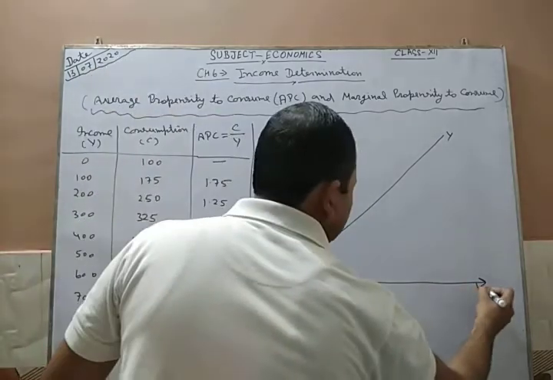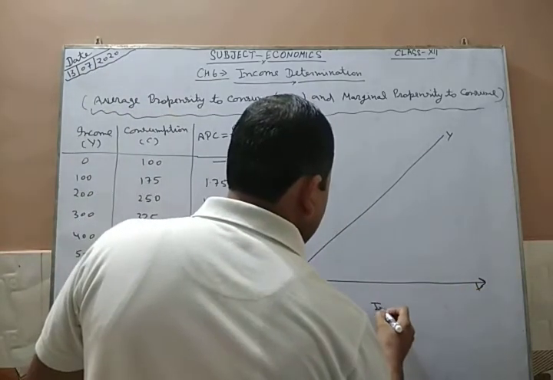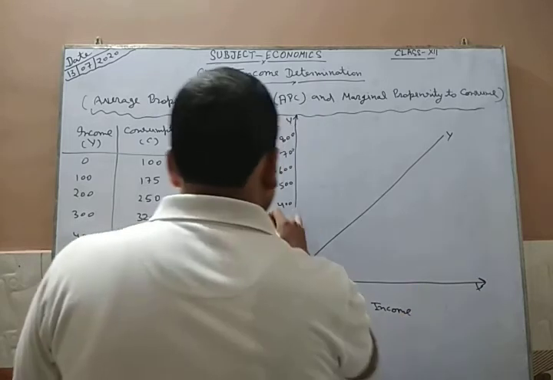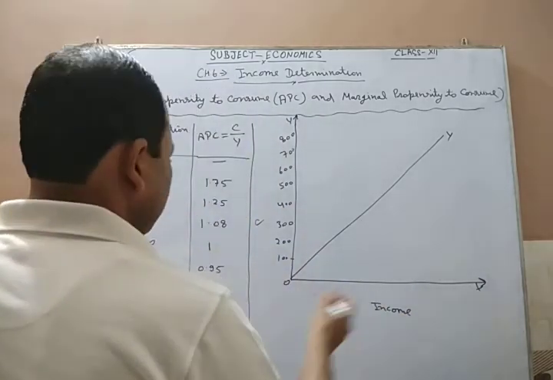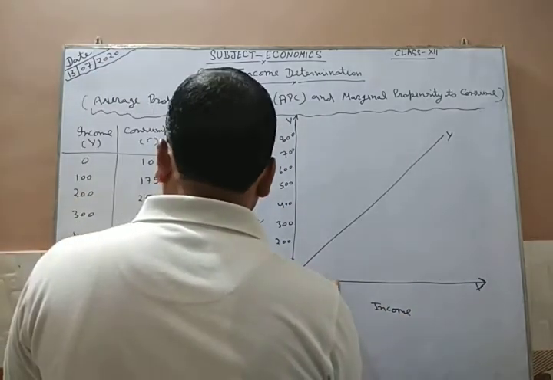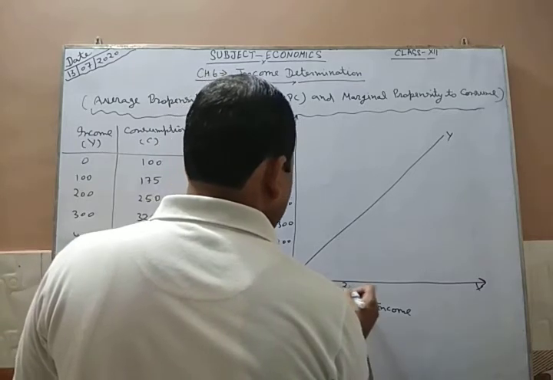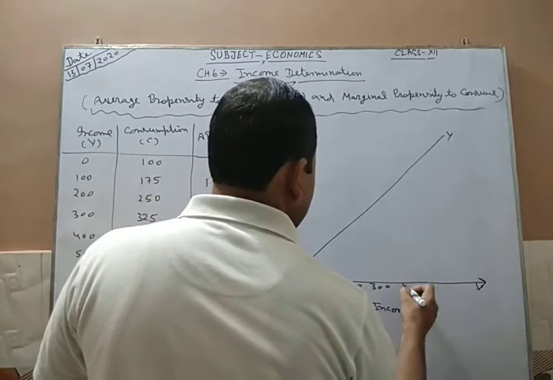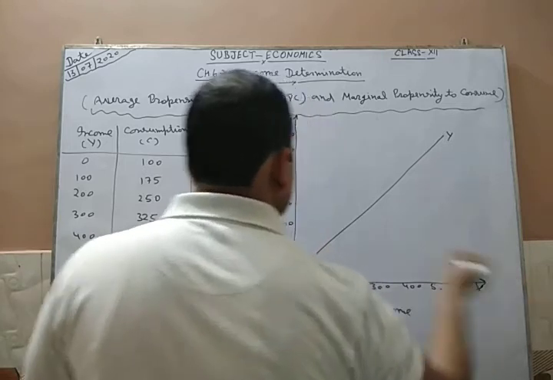This is Y, this is X axis. Here we measure income, here we measure consumption. So income is also measured as 100, 200, 300, 400 and so on.